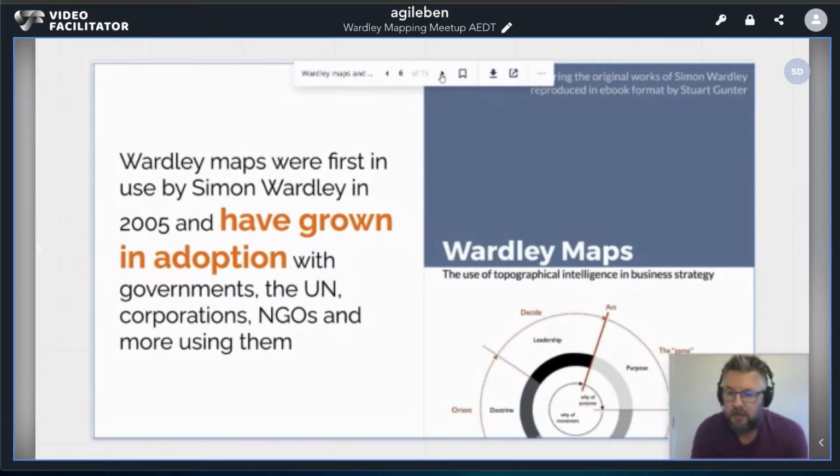On the right, you can see there's actually a published version of the Wardley Maps book, but that is a capture of a point in time. Simon Wardley continues to update and evolve his book, which is available for free on Medium.